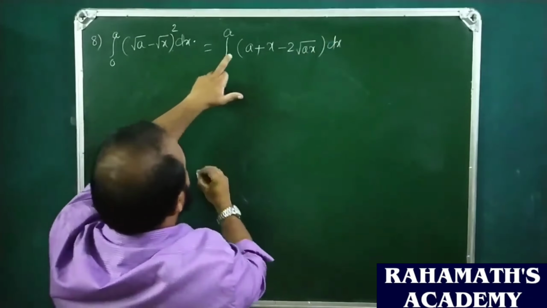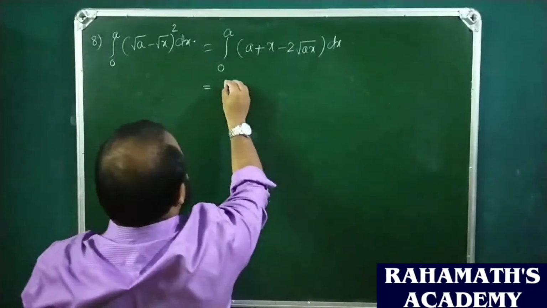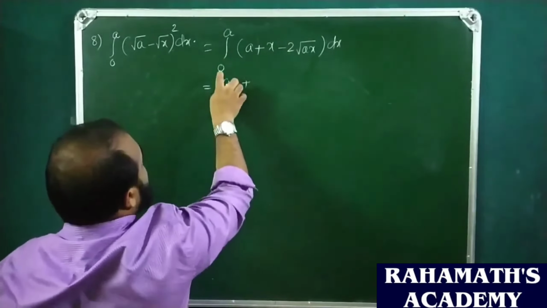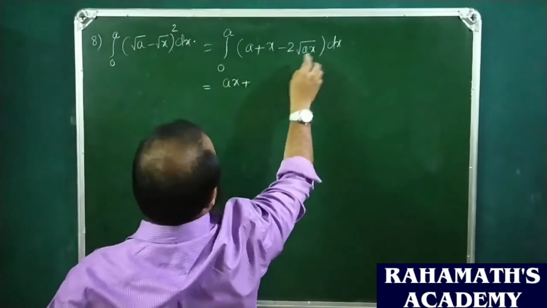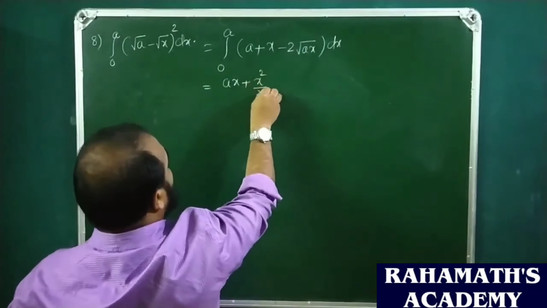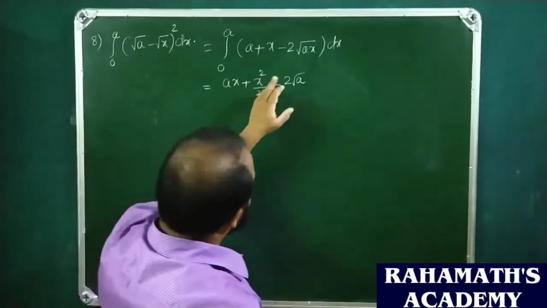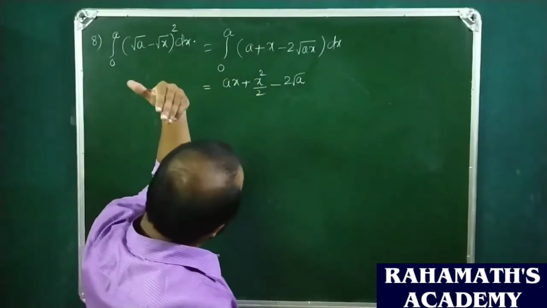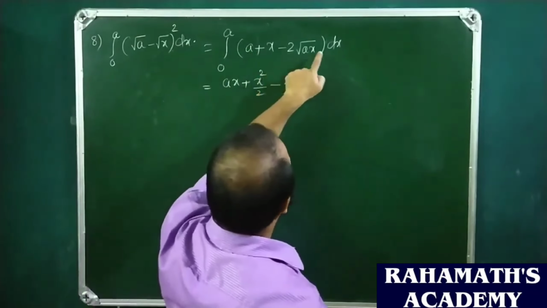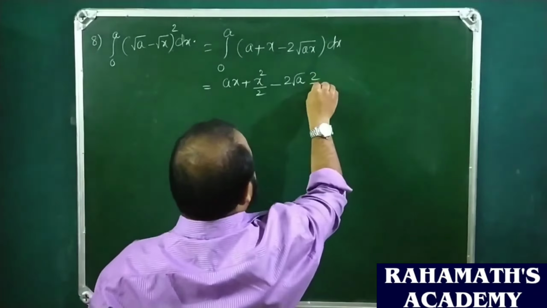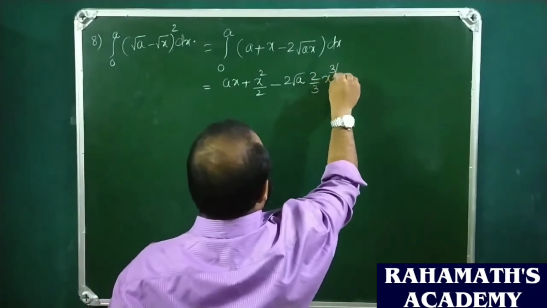Now integral a dx is ax, plus integral x dx is x square by 2, minus 2 root a is the constant. You separate it from the process of integration.